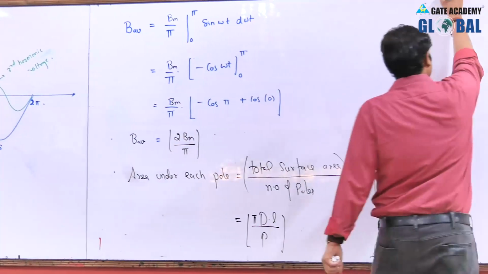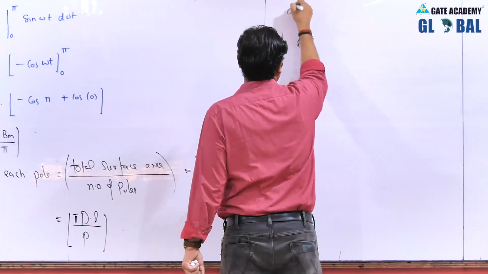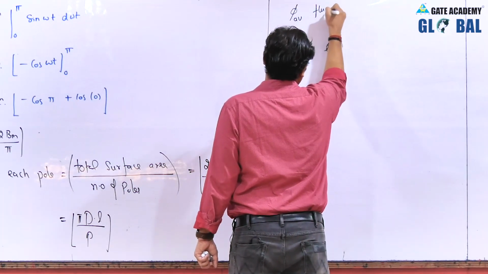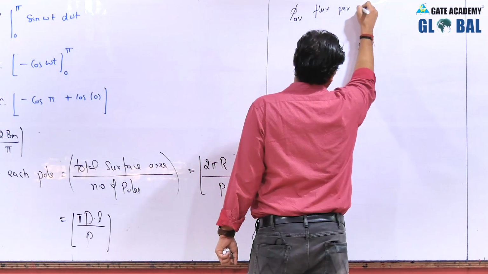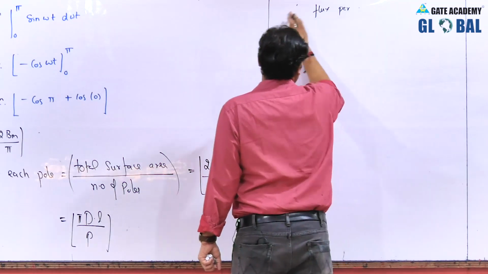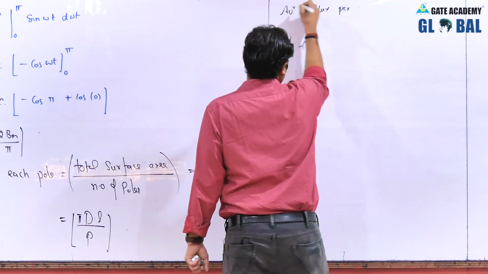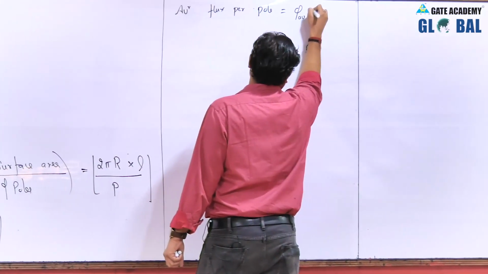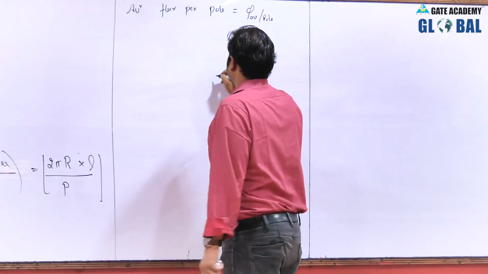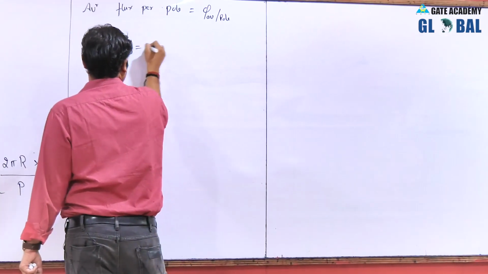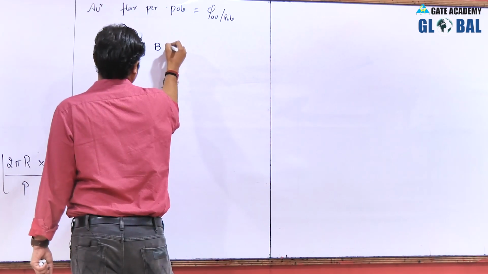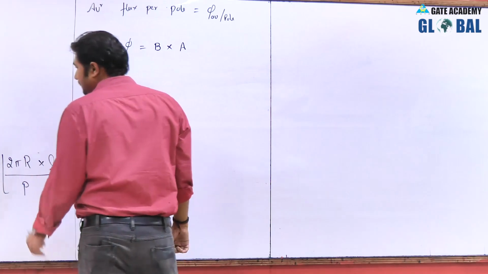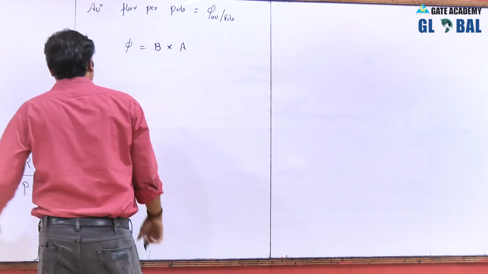If we know the area under each pole, we can find the average flux per pole. The average flux per pole, phi average per pole, equals flux density into effective area, that is the area under each pole.